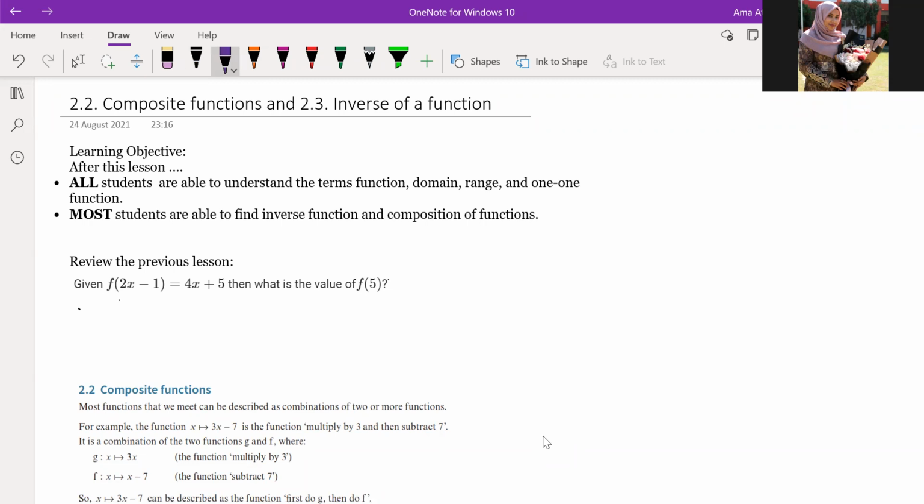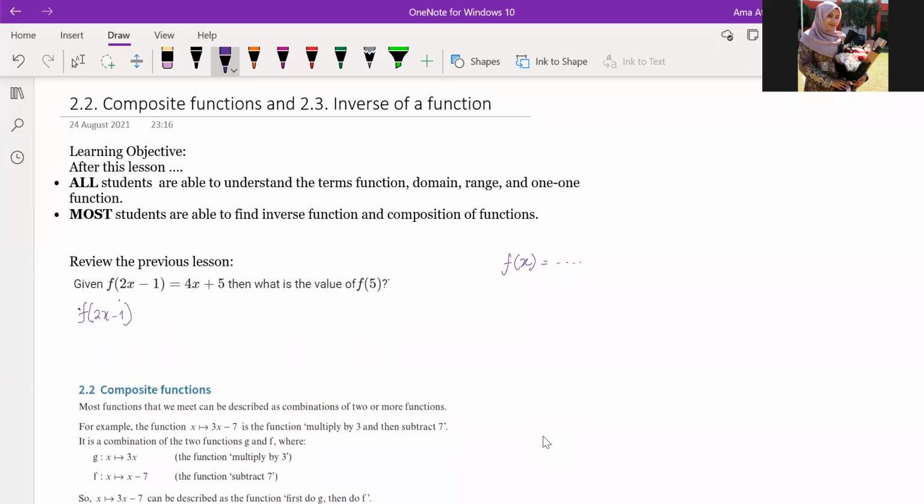So if you are dealing with a question like this, usually we have f(x) equals to something. This is what you usually have. But in this case, you have f of 2x minus 1.